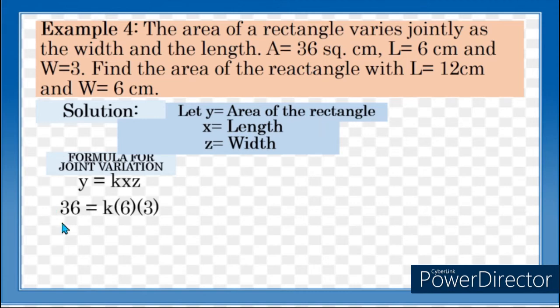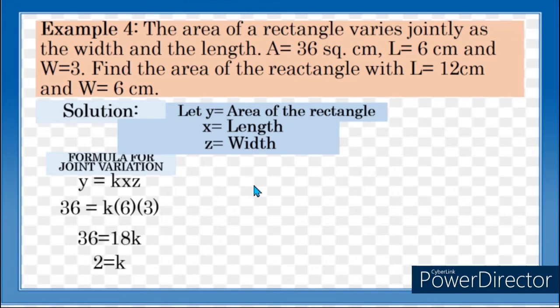So we have here 36 is equal to k times the length, 6 centimeter, and the width, 3 centimeter. So we have the equation 36 is equal to k times 6 times 3. So 6 times 3 is equal to 18. Then divide both sides by 18 in order for us to determine the value of the constant. So we have k is equal to 2.